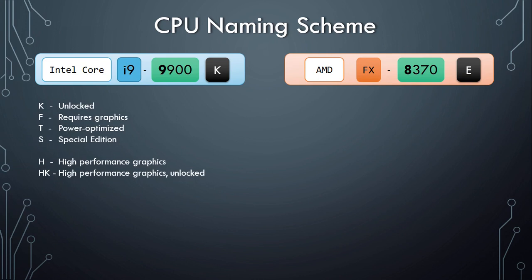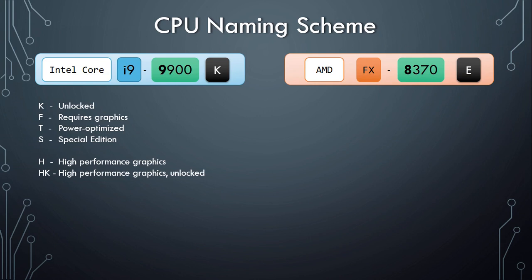T is power optimized, and S is a special edition. These are some of the product line suffixes, and we also have suffixes like H and HK. These two are used for mobile processors, that means notebook or laptop processors.